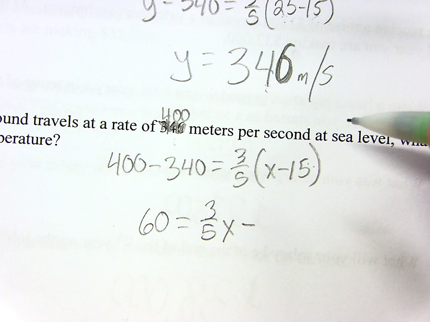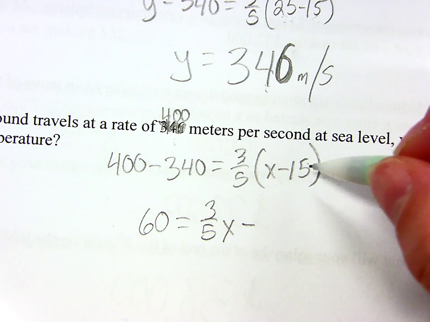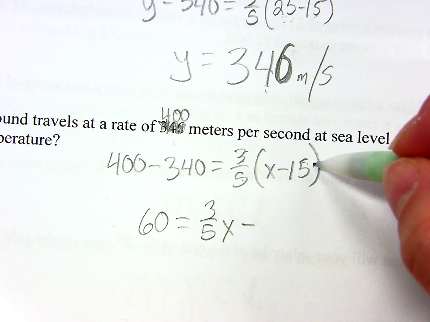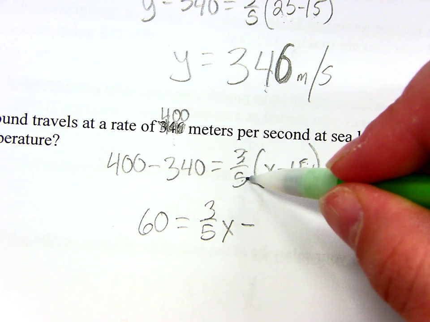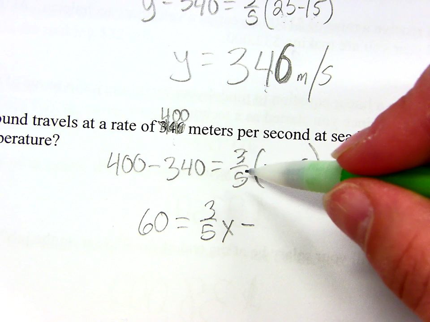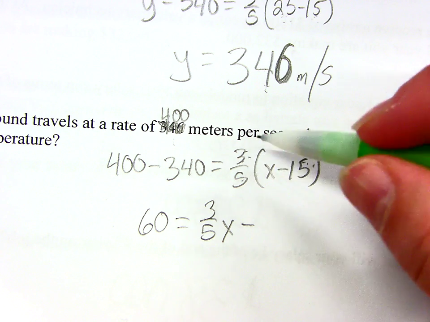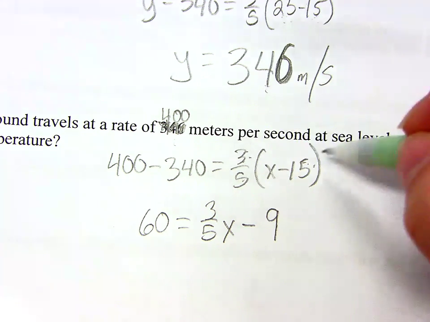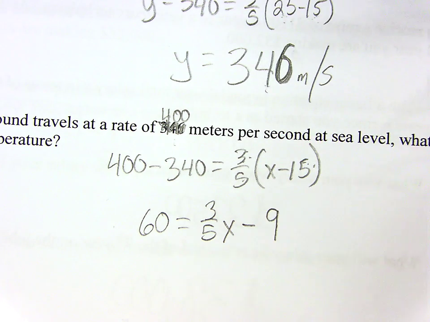So you were right. 15 divided by 5 gets me 3, and then I multiply it by the top. 3 times 3 is just a 9. Divide down, multiply up. Divide down, multiply up.